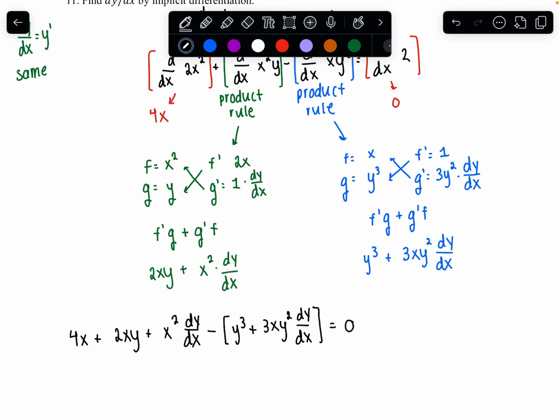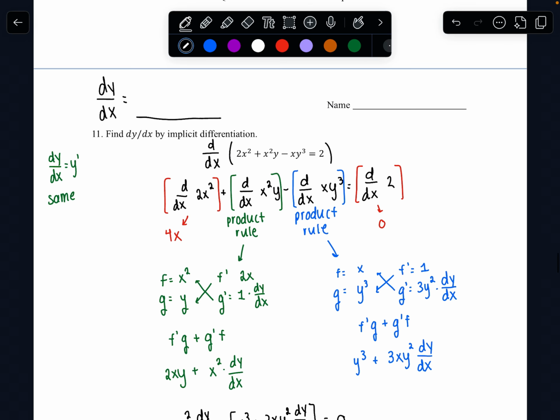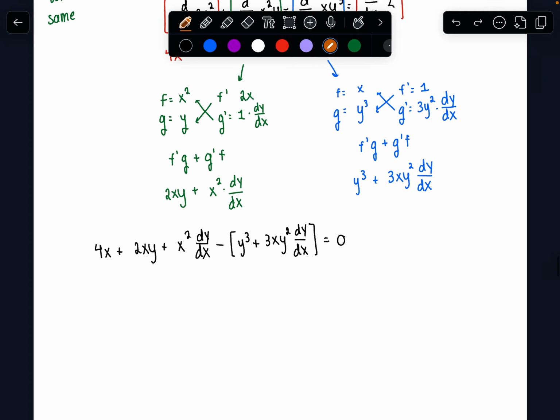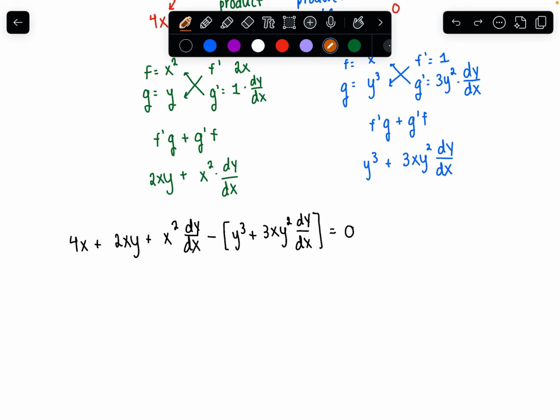All right, so we have all of the derivatives on the board. Like I said, our final answer needs to be this. Well, now I have dy dx on the paper, and I'm going to treat it like a variable that I'm going to isolate. So I have 2 of them, though, so I need to be a little bit careful. Let's first take care of this negative sign. So when I do that, we get negative, negative.